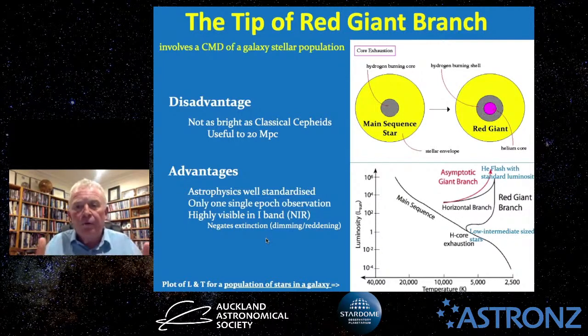And infrared wavelengths aren't bothered by interstellar dust. They just go straight through it, so you don't get that dimming and reddening effect known as extinction that you get with the optical light wavelengths when you're observing these classical Cepheids. So you can see there's a lot of advantages of getting far more accurate with the tip of the red giant branch.